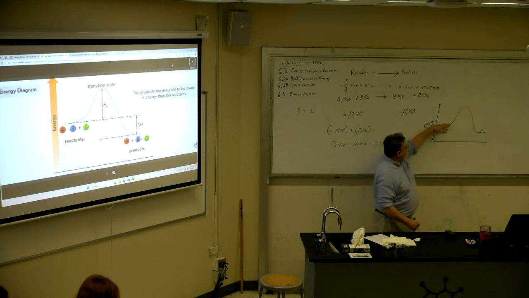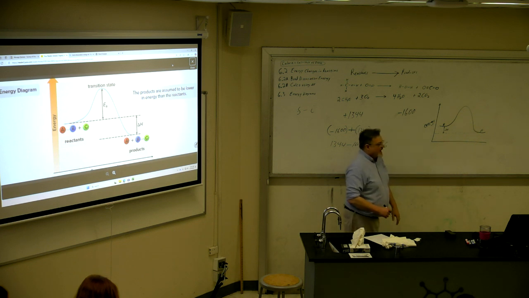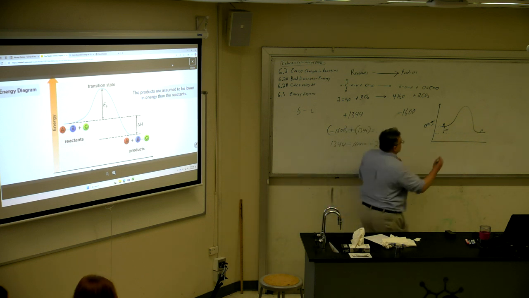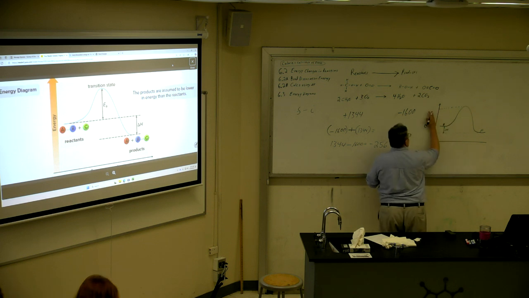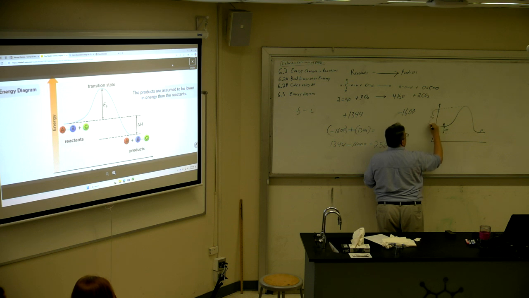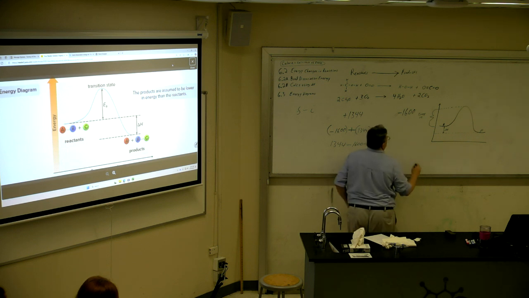So this ramp up represents energy going in.